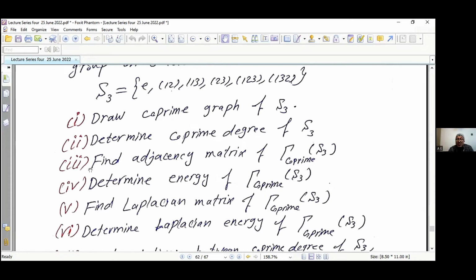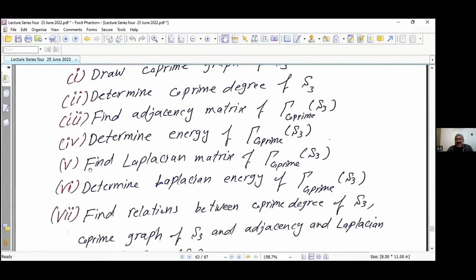Number 4 is to determine the energy of the coprime graph of S3. Similarly, find the Laplacian matrix for the coprime graph of S3 and the Laplacian energy of this. And also, we may continue to find some other matrices, but here is number 5.